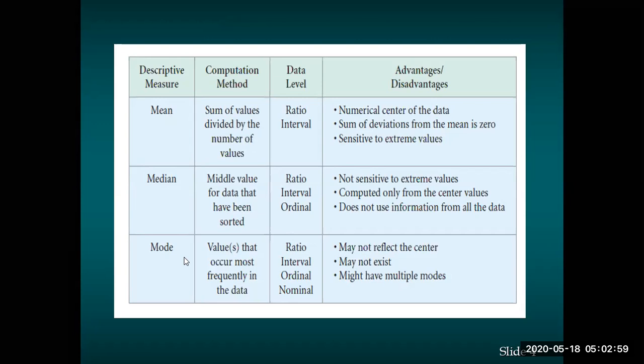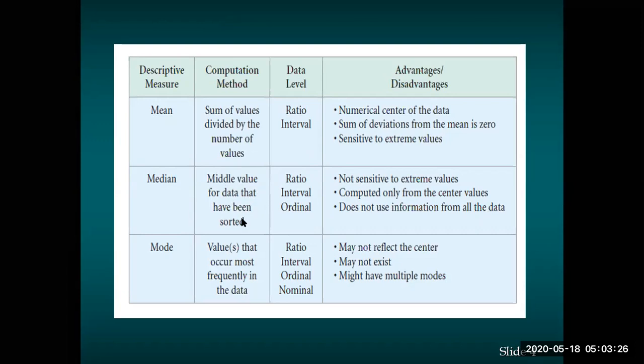The other two are the median and mode. Now you can see median is a middle value for the data. That means that it will not be exposed to the large variation of data on either end, to the left and to the right. At the data level, you can see it can be computed for ordinal data sets as well. So partly for qualitative data, you can compute a median.